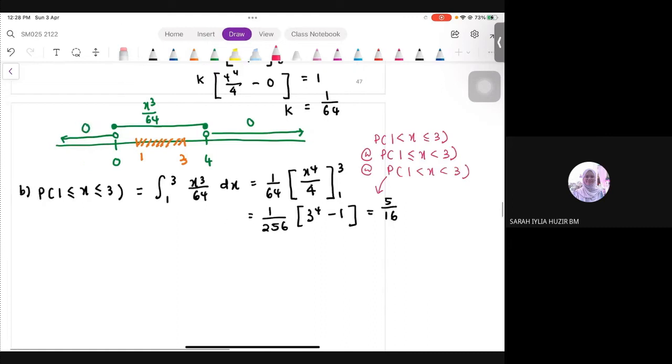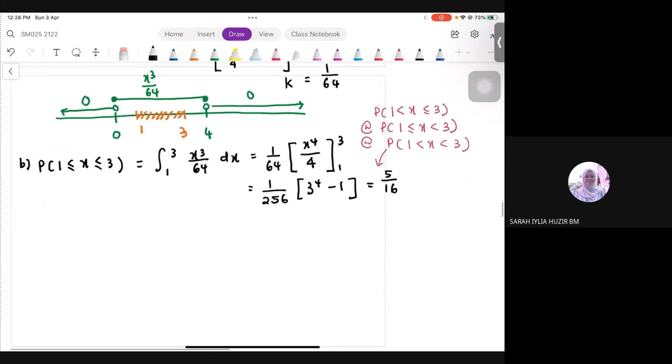Okay. So moving on, part C, we have to find probability when our x is greater than 2. So based on the region, now I'm using a blue color. So for 2, we would find from 2 up till positive infinity.